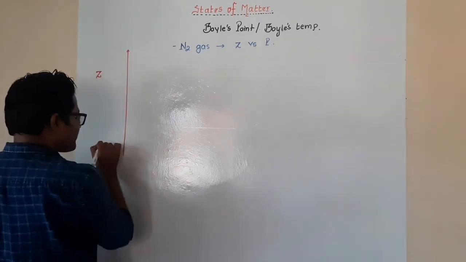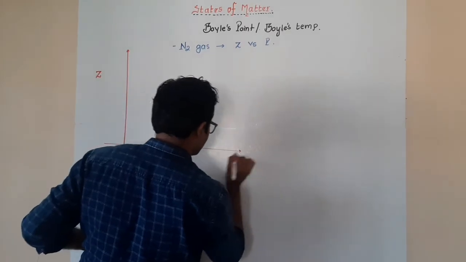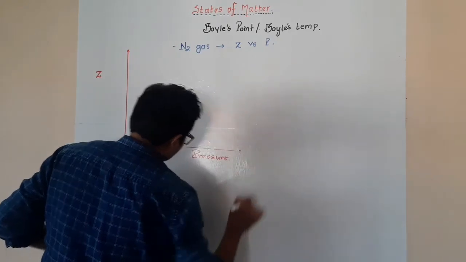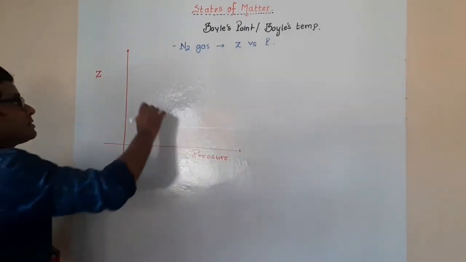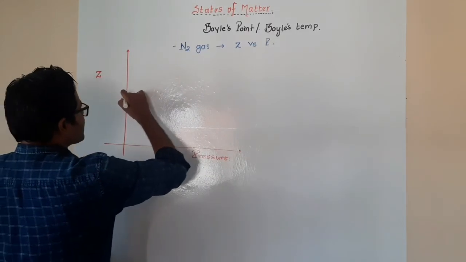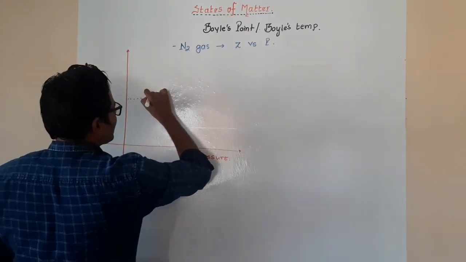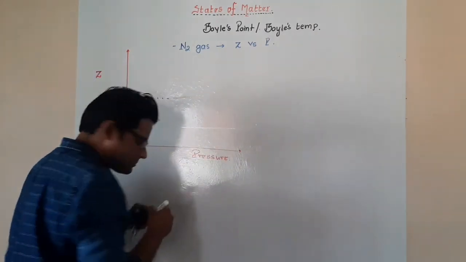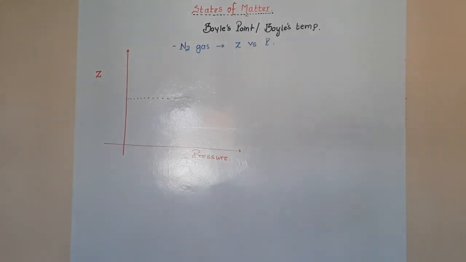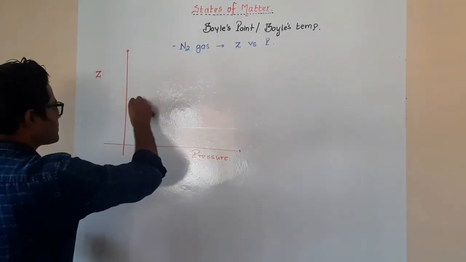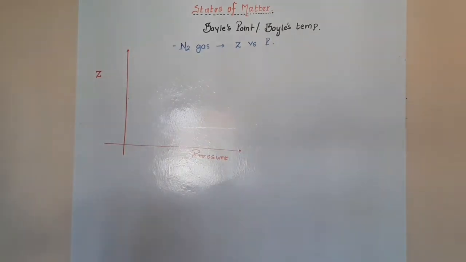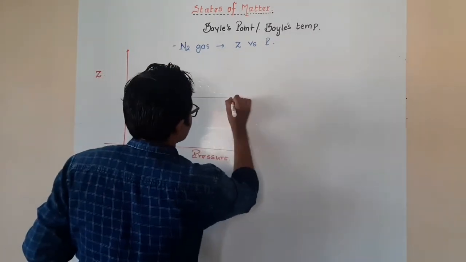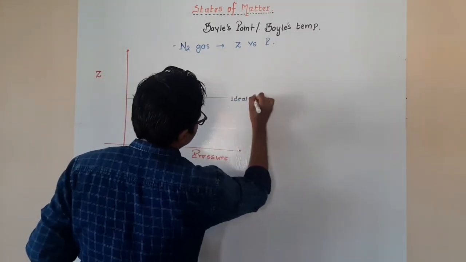Let's say this is the compressibility factor axis, and this is our pressure axis. For an ideal condition, let's first plot a graph. Let's say this is the ideal condition.